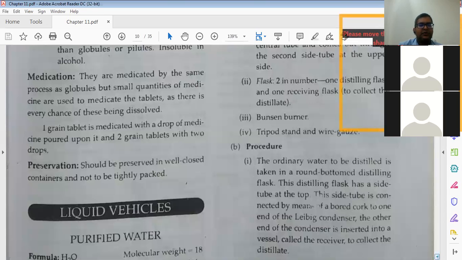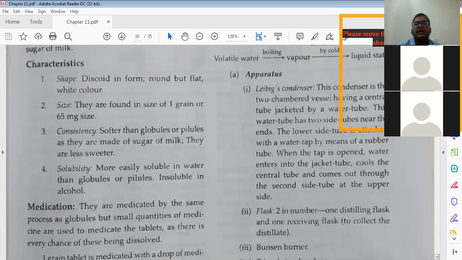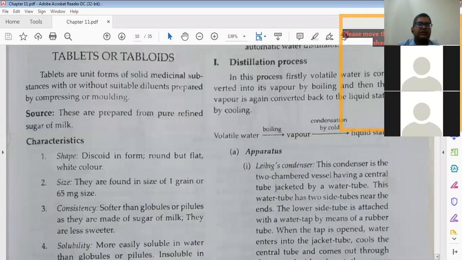Preservation is again the same. Tabloids, being discoid in shape, can be used instead of globules, but in globules you can put your medicines in a uniform way, because they are spherical in shape.